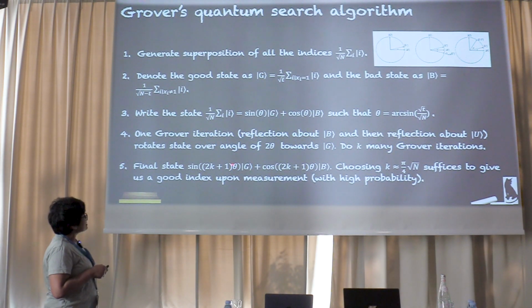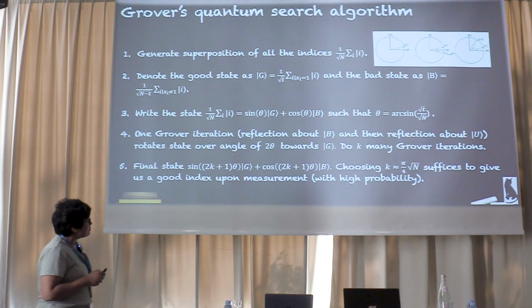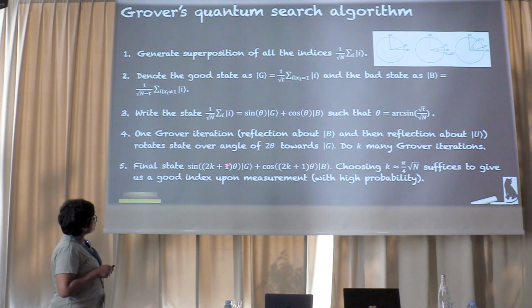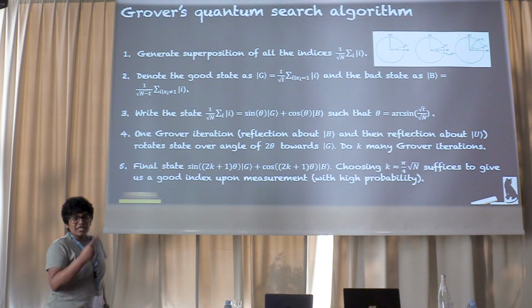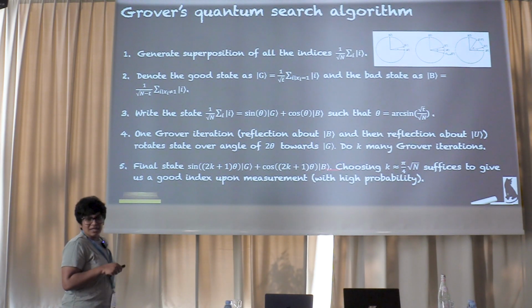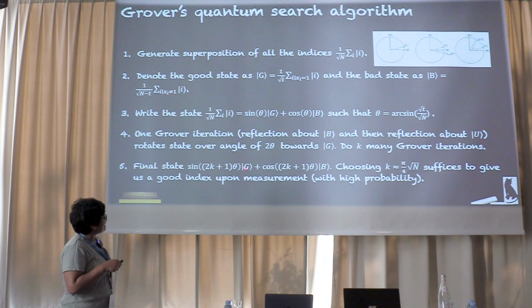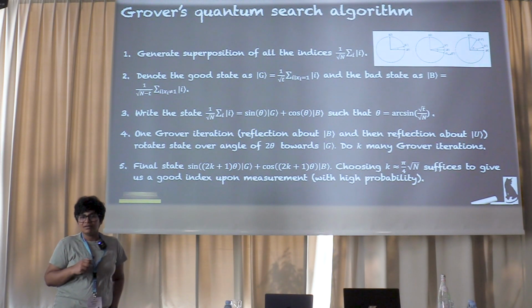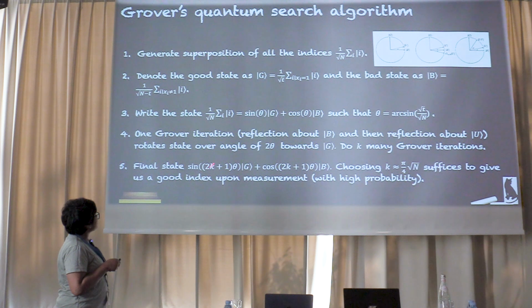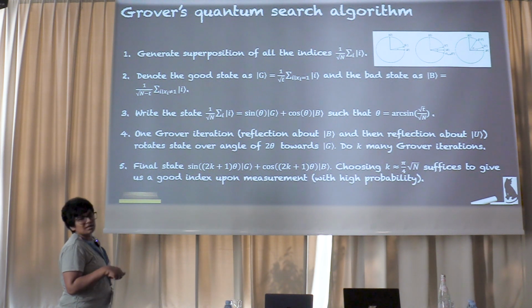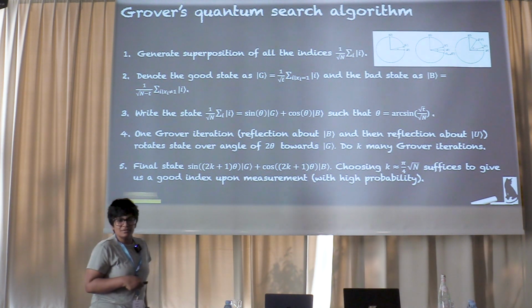Just for fun's sake, suppose this sine squared of (2k plus 1) theta was equal to 1, then I will never get a bad state. If I measure this, and it was equal to 1, I will never get a bad state, which means I want my (2k plus 1) theta to be equal to pi by 2. And then if I just do k equal to this much, I get that value.